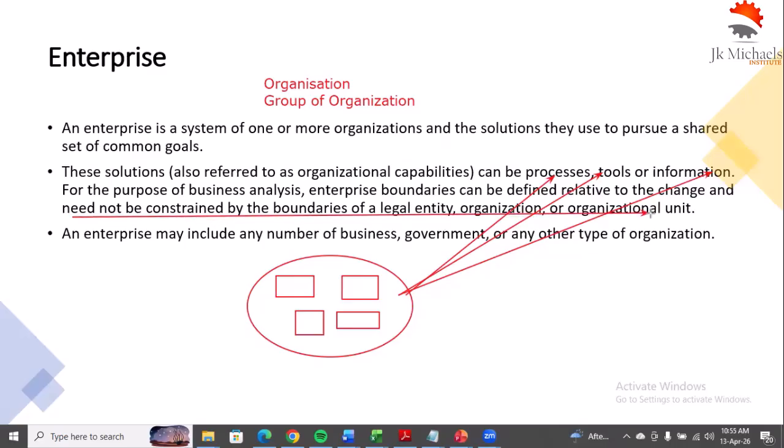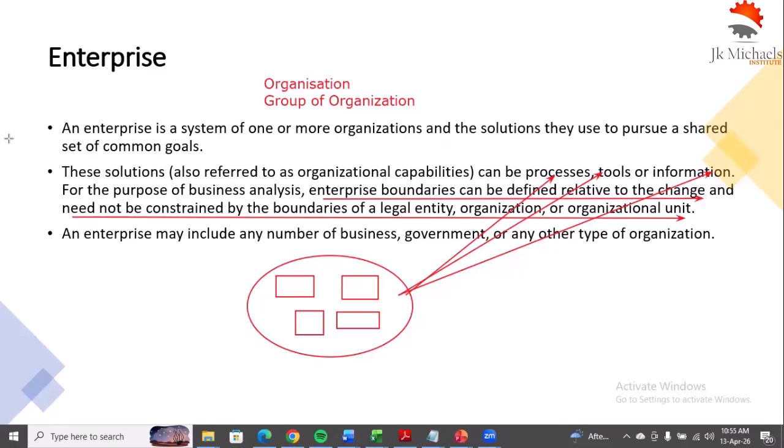No, we consider every organization or every unit that is working together, sharing processes, tools, and information, right? So the definition of an enterprise is defined by the change we are trying to implement or execute.